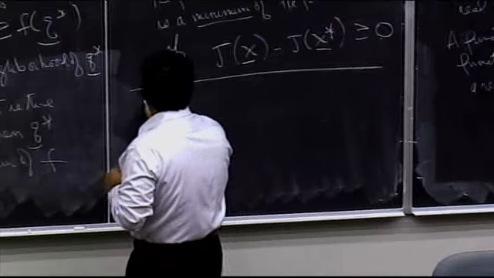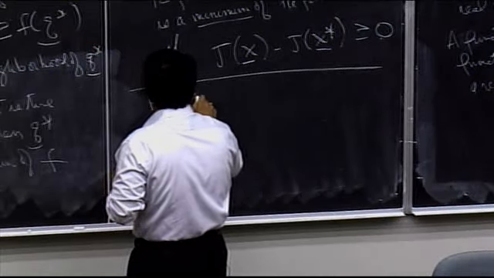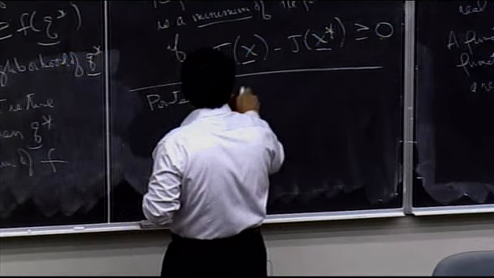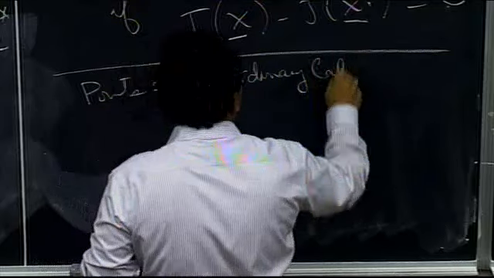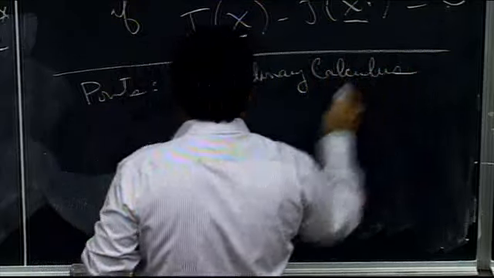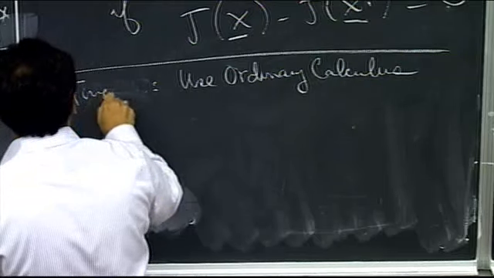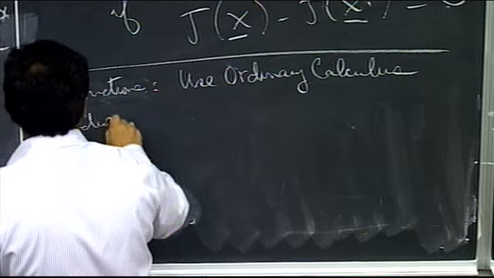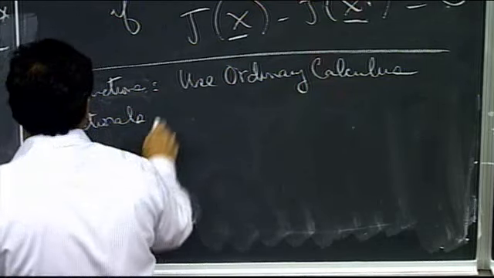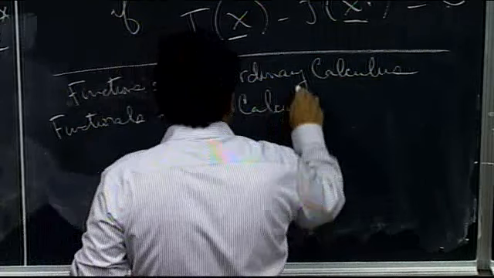For points, we use what we call ordinary calculus. That's the calculus you've all learned. But for functions, or I should say for functionals, we use what's called calculus of variations.